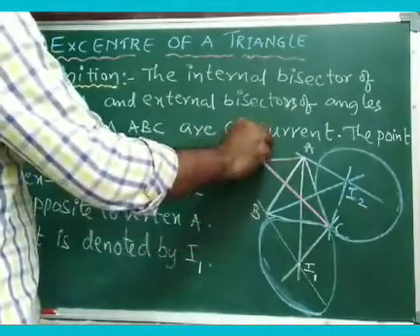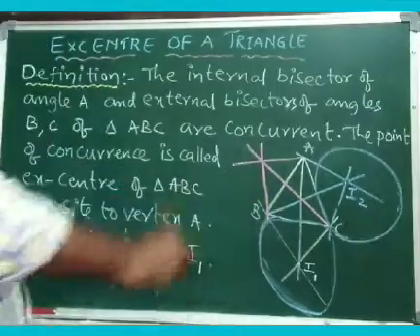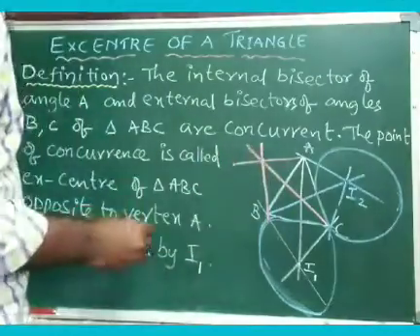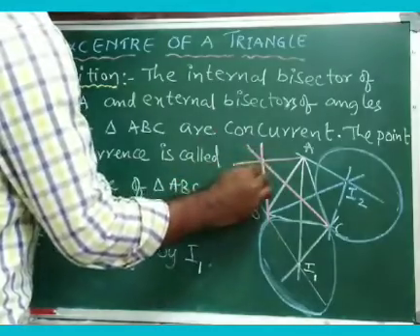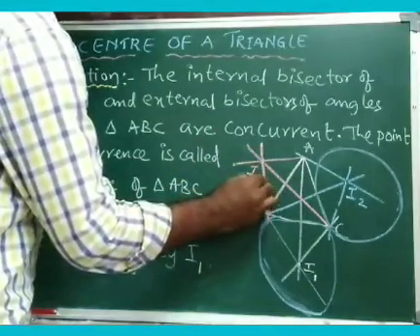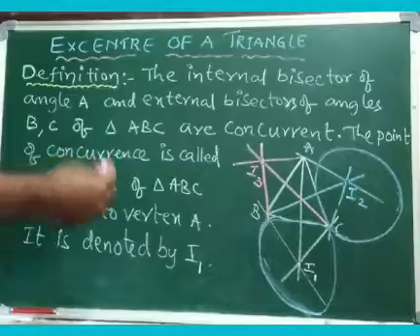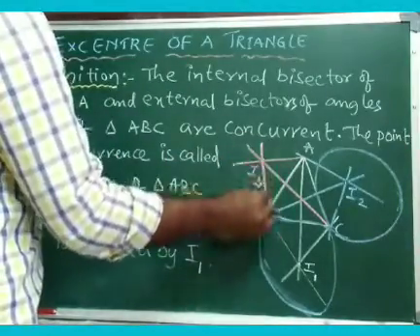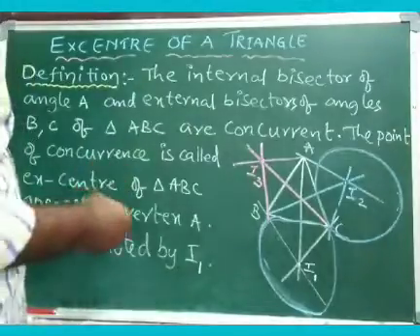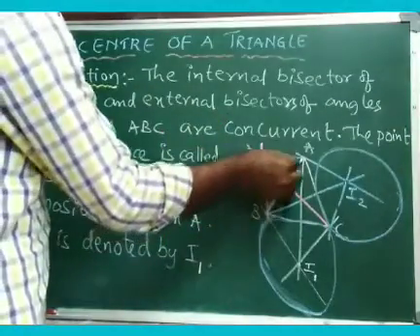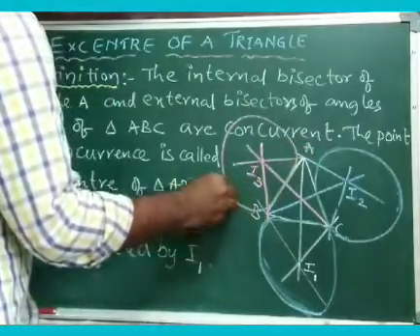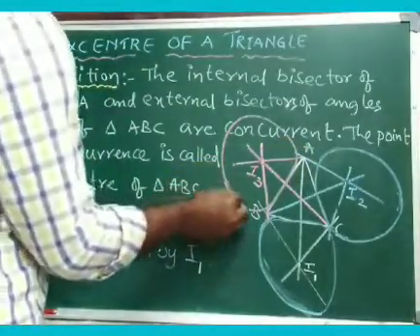Similarly, from angle B also draw the external angular bisector. Now these three are also concurrent. This is the excenter opposite to vertex C, and it is denoted by I3. Same concept, taking either BI3 or AI3 as a radius, if you draw a circle, you get a circle in this manner.